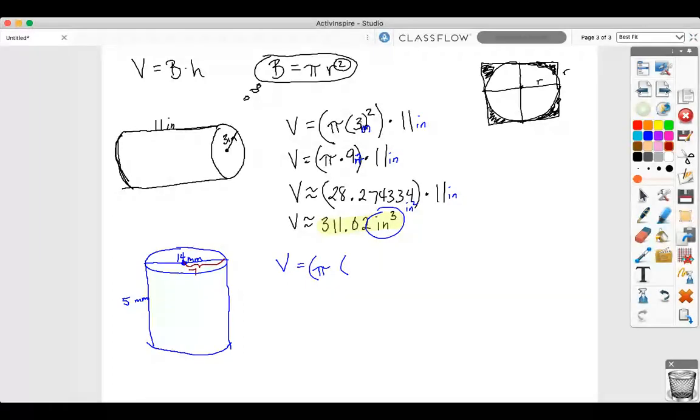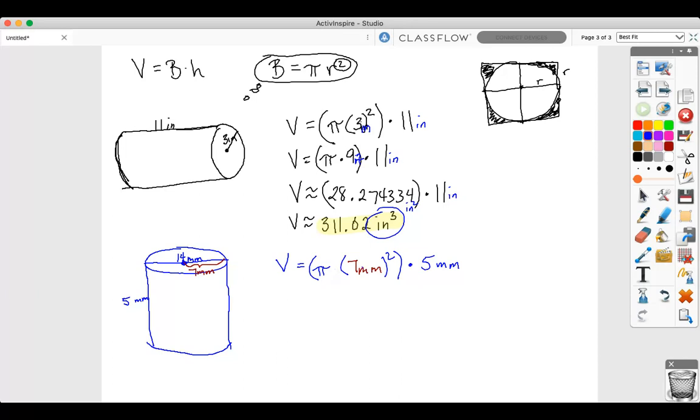That would give us 7 millimeters as your radius. Okay, don't get caught up with that. Keep that in mind. You need to use the radius. So this will now be 7 millimeters squared times 5 millimeters as your height.